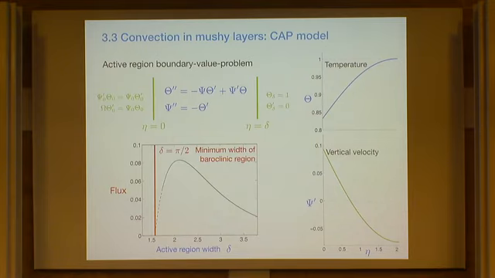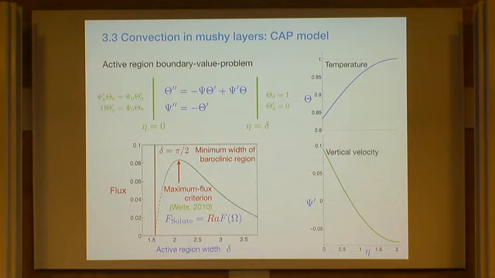So that's essentially saying that the chimneys need to be sufficiently far apart in order to sustain this kind of convective flow. There's also a unique maximum of the flux with respect to active region width, or equivalently with respect to spacing between the channels, and Andrew Wells suggested that the spacing between channels might adjust in order to achieve this maximum flux. So there's no direct evidence for this hypothesis yet.